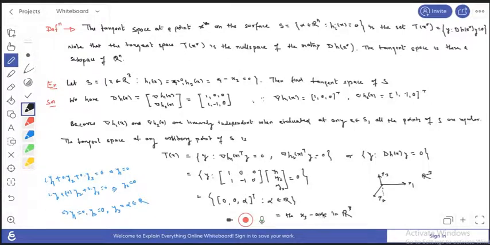So here in this example, the tangent space Tx at any point x which belongs to S, the surface which is defined by this, is a one-dimensional subspace of R3.